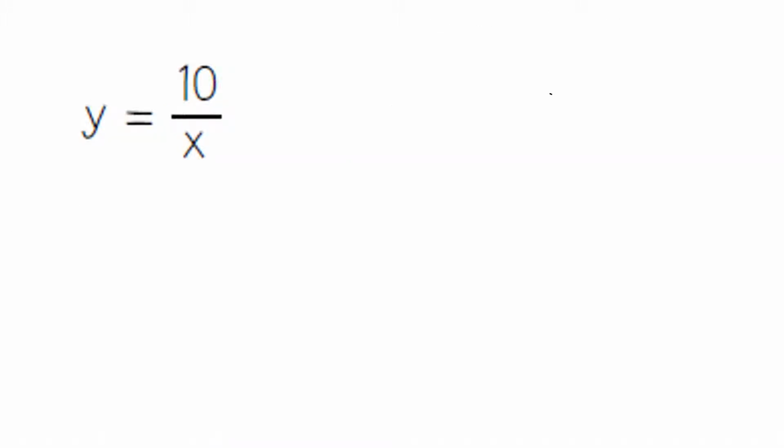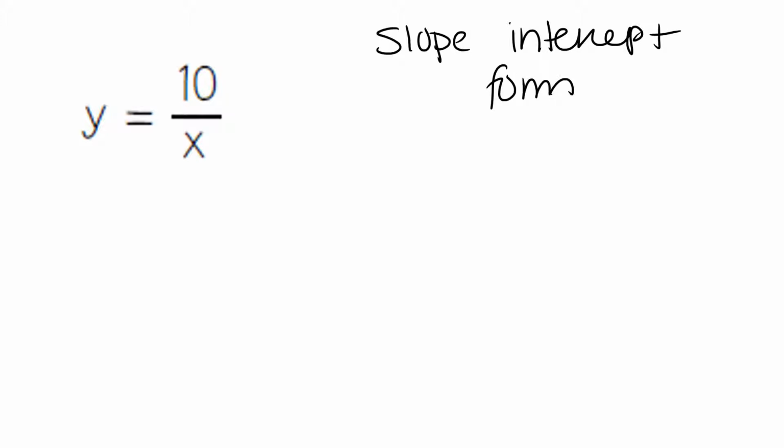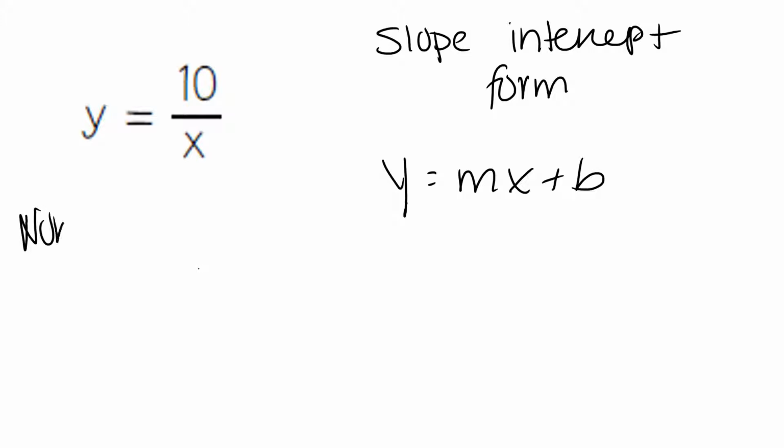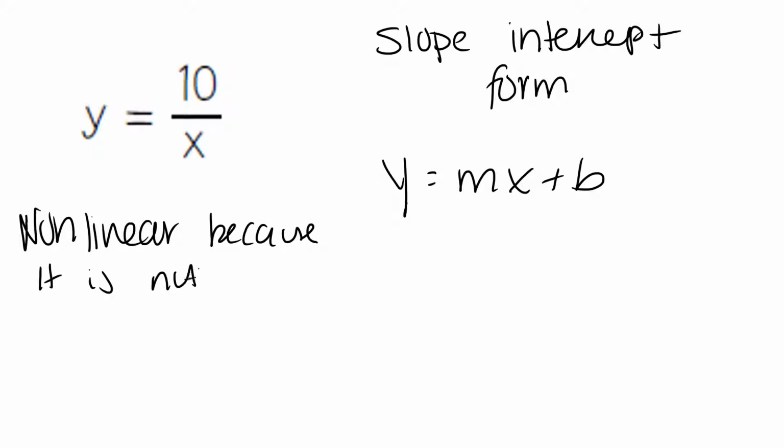Again, all equations, including this one, y equals 10 over x, have to be in slope-intercept form, the y equals mx plus b. This one is non-linear because it is not in slope-intercept form.